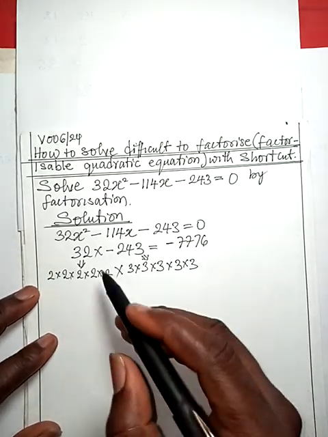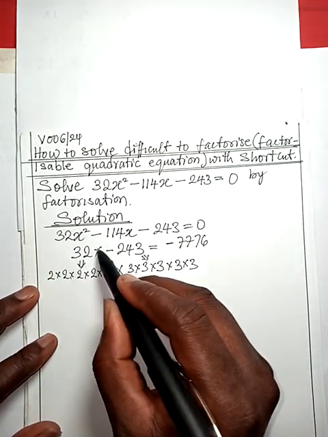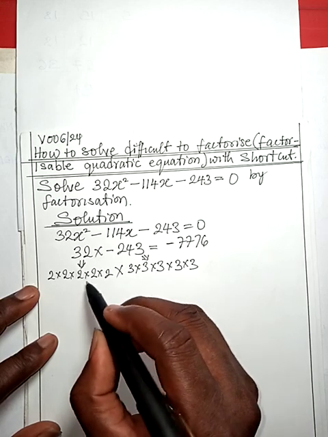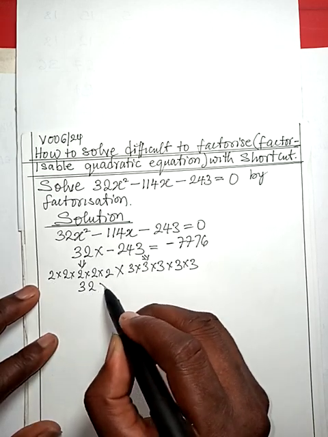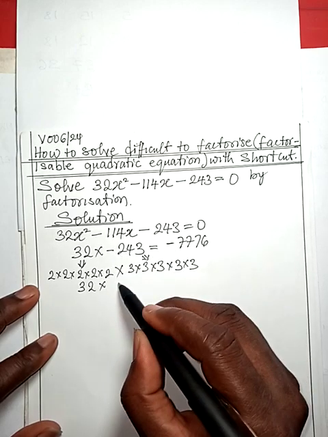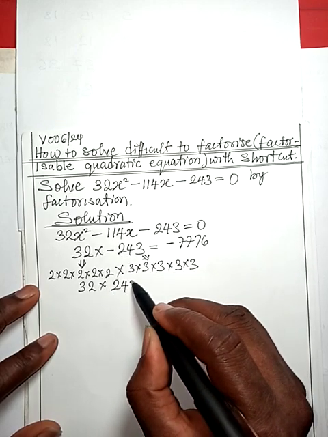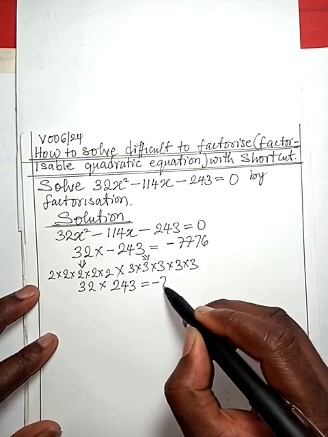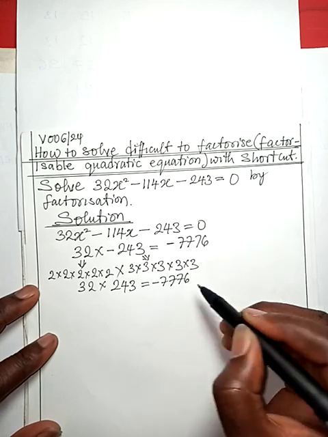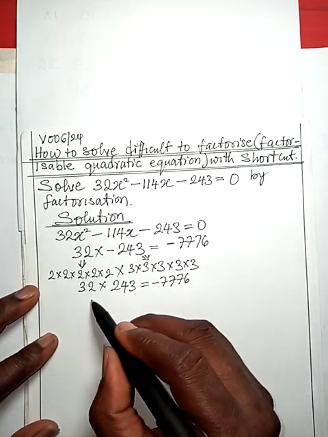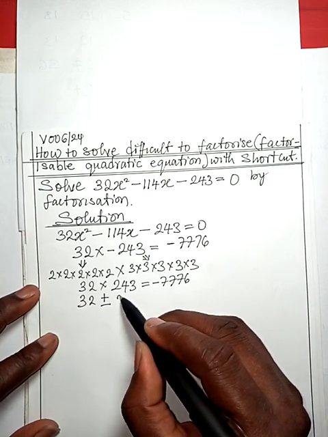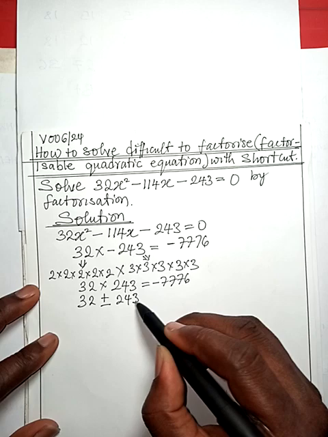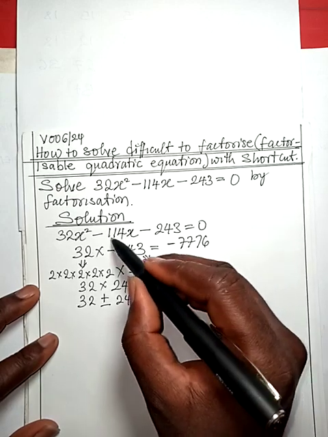Okay, so let's start with what we know. We know that this whole number 32 times, let's forget about the signs for now, 243 will give me negative 7776. But when you do 32 plus or minus 243, it's not this number.